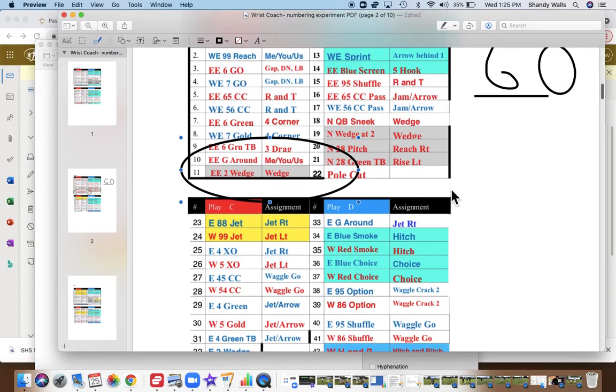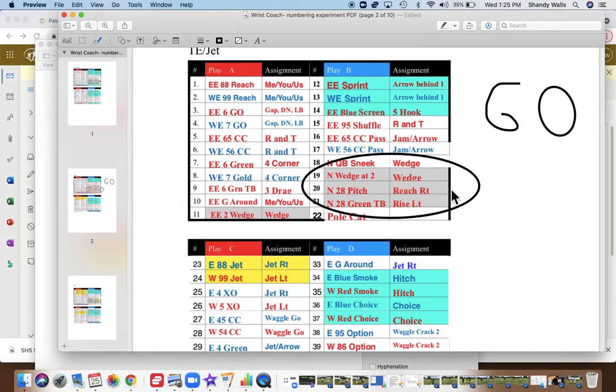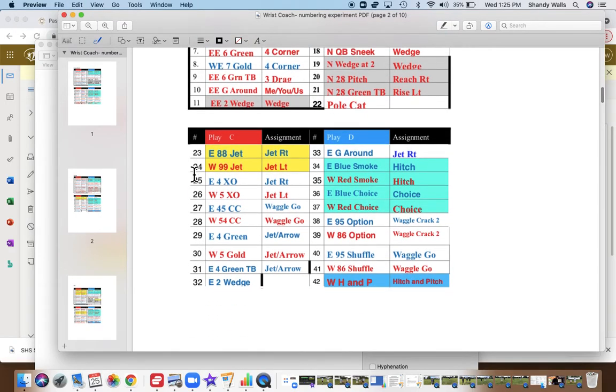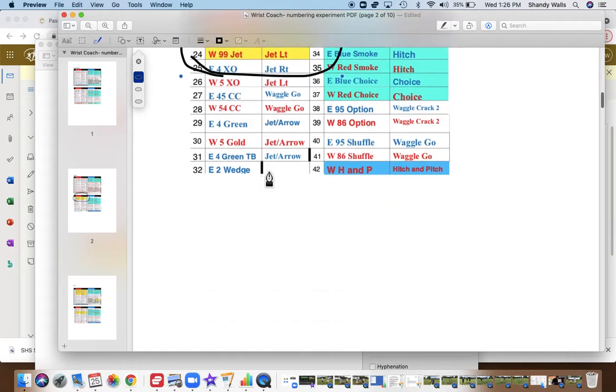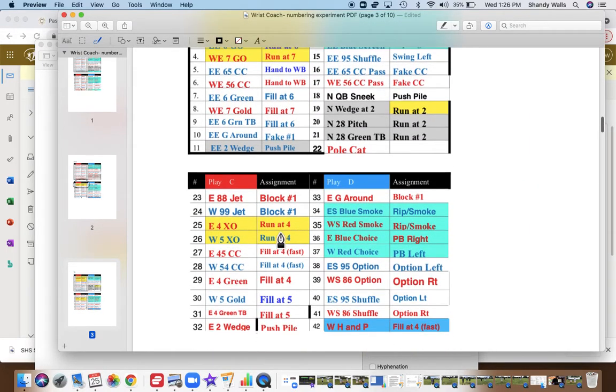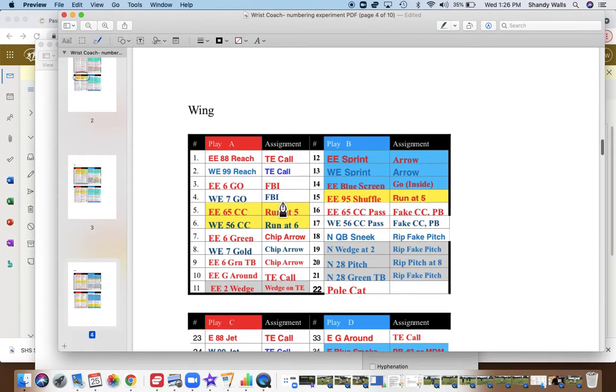Finally, there's one more thing I want to show you. You'll notice also over here we have some plays in yellow. Anytime that your risk coach has a play that's in yellow, like this one for the jetback, 88-99 reach, or these ones for the tailback, or these ones for the wing.